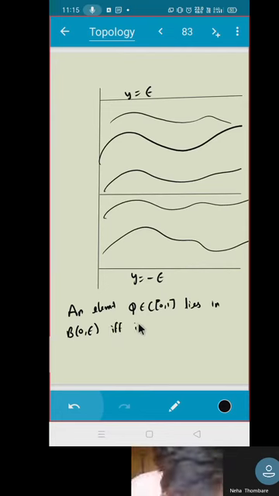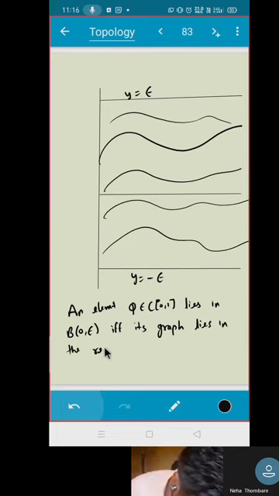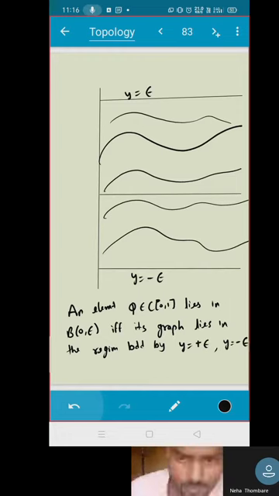If and only if its graph lies in the region bounded by y equal to plus epsilon and y equal to minus epsilon.